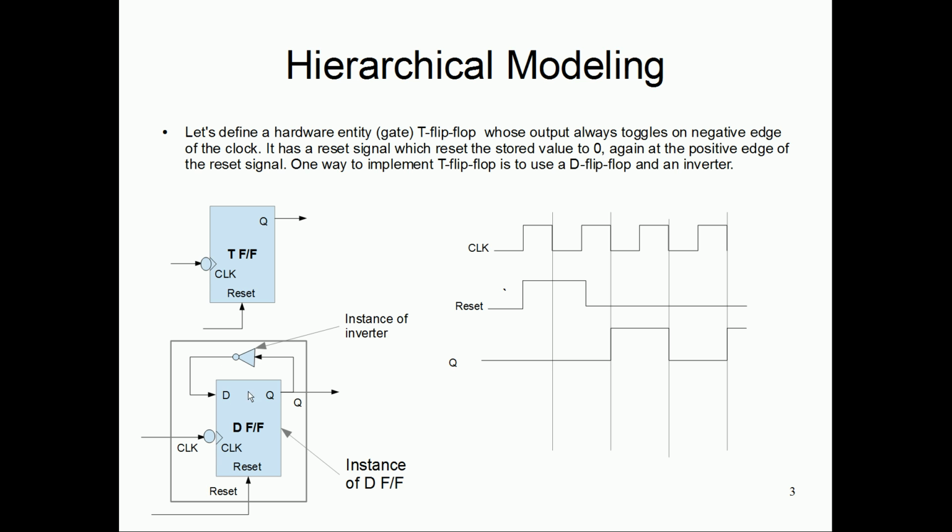At the next clock edge, Q assumes that value, so Q comes back from 1 to 0. As soon as it is 0, the inverter negates it, so it becomes 1 and D is fed with 1. At the very next clock edge, it will again assume that value into Q, and thus Q keeps on toggling as long as the reset remains low.